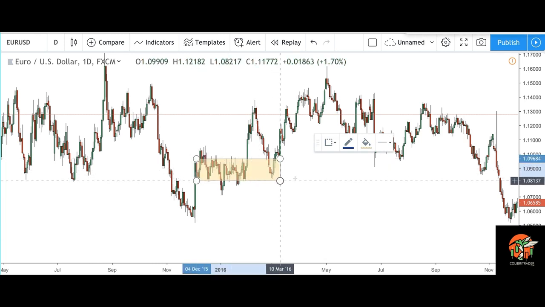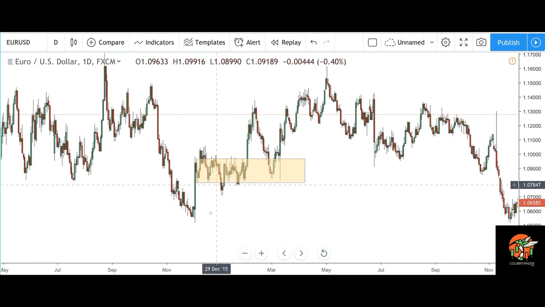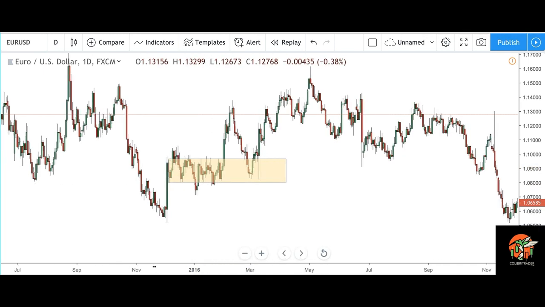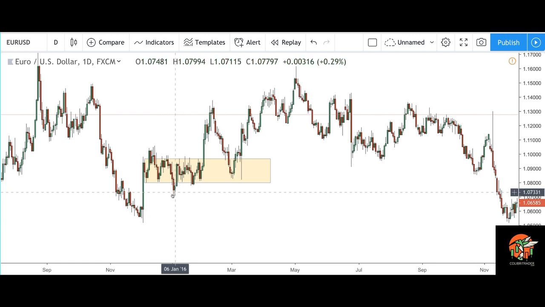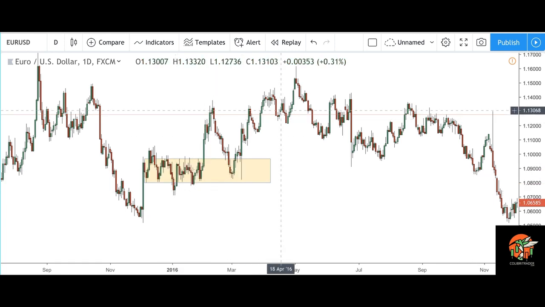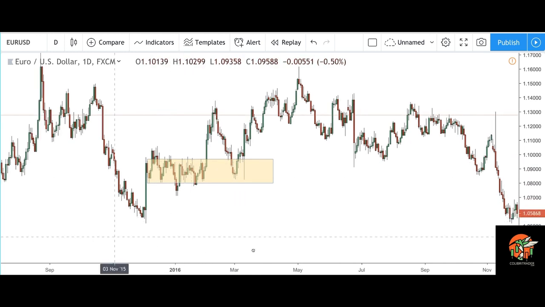What I'll be looking for again is the first moment price goes below the lower boundary of this trading range, and then price action confirmation, which comes in the form of an inside bar that led to more buyers rushing in and pushing the price higher, as you can see from the chart.